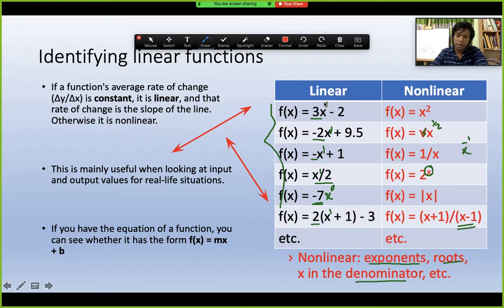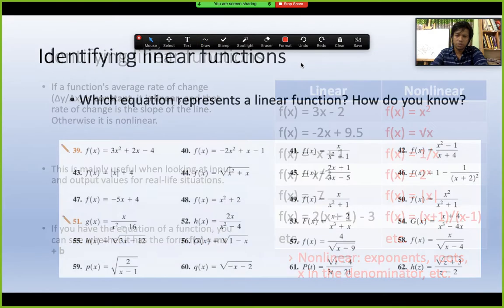So for linear, if the function is given, how will we understand? We'll look at the power of x. Power of x is 1, and then we have some constant number with it, which doesn't matter. Or sometimes power of x can be 0, and power of x is 0 means a constant number is there. So this is how we understand which one is linear, which one is non-linear.